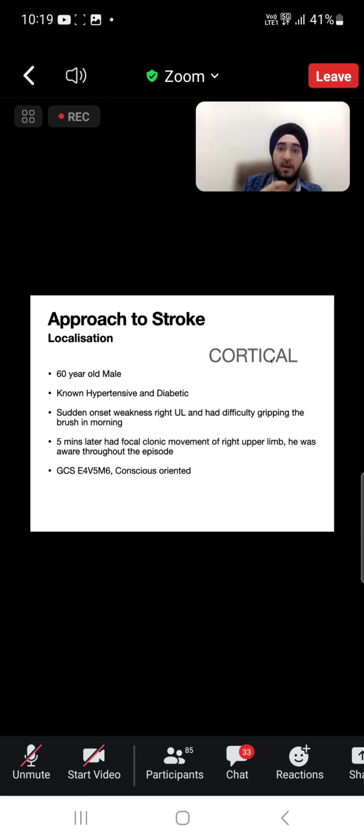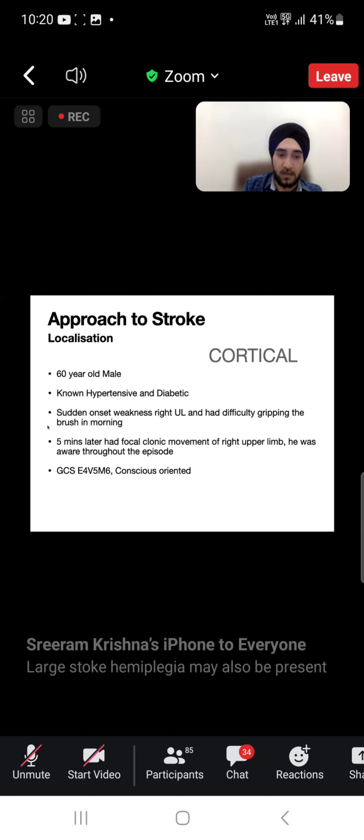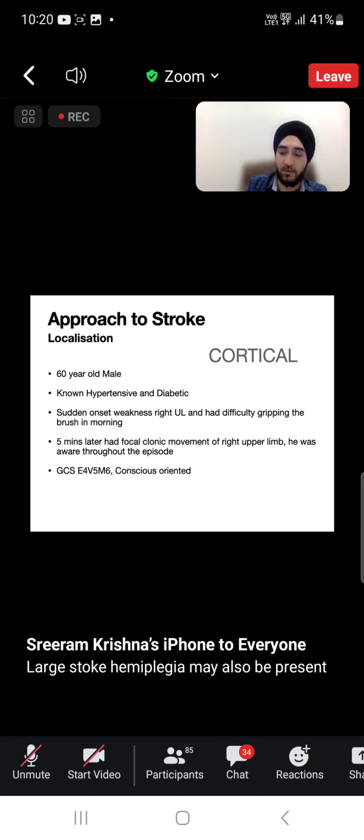Whenever you have a large cortical stroke, you will have a low GCS, the patient will be drowsy, there will be a lot of edema in the brain, and there will be lots of signs which will tell you that this is a large stroke. If it is a small cortical stroke, the GCS will be preserved. So this is how you have to differentiate. So a patient comes to you with monoparesis, GCS preserved. Large stroke, hemiplegia. I am going to the next slide. This is the first case.